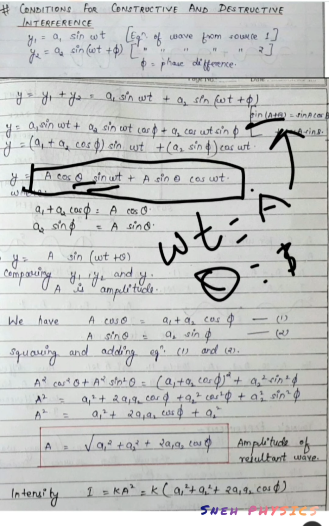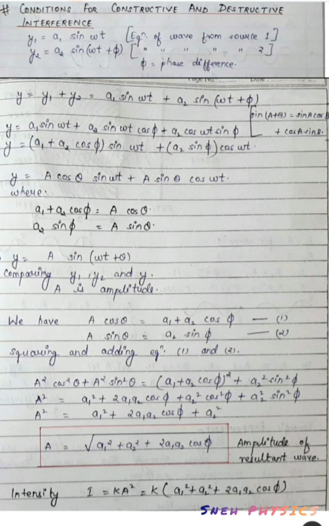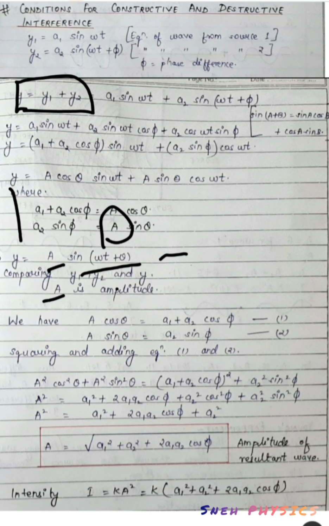So we can rearrange it, and finally we get the form y equals A sine omega t plus theta. This is the resultant of the superposition of two waves, and this was the final answer. Now comparing y1, y2 and y, we get capital A. This capital A is the amplitude of the resultant wave.